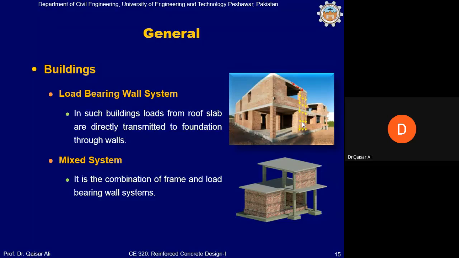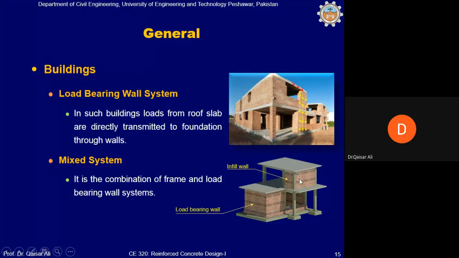Then we can have a mixed system where a frame structure and a load-bearing wall system exist side by side like this. You can also see a wall here, but this wall, which is provided between the columns and the beams, is called an infill wall. This is just to fill the space and provide a partition wall.